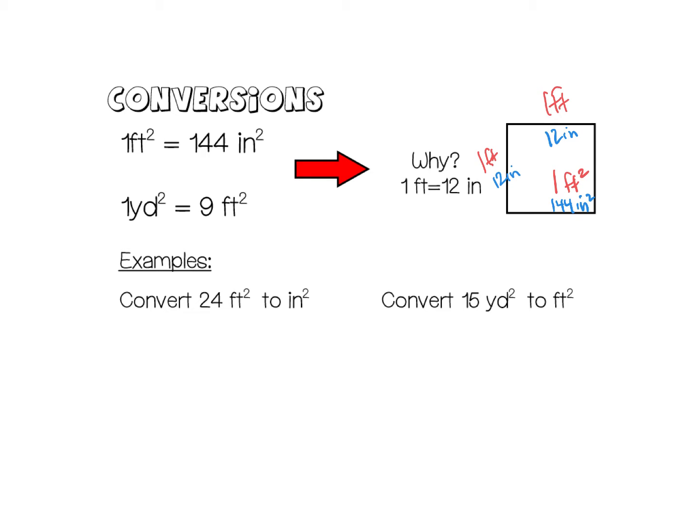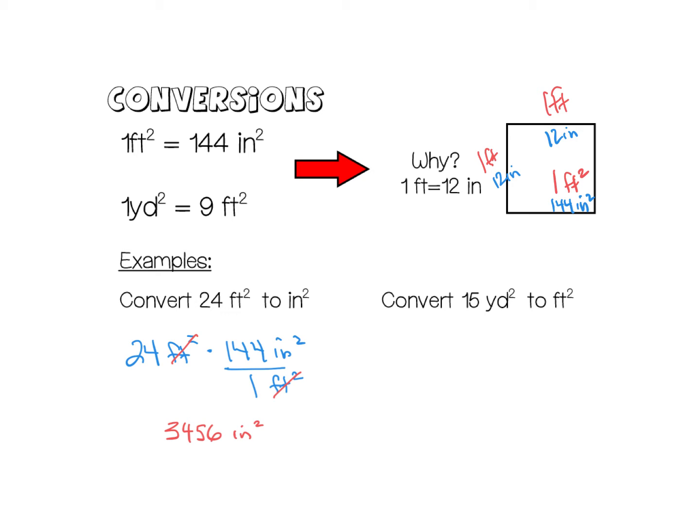I have to multiply 24 by 144 square inches because there are 144 square inches in every 1 square foot, if you want to think about it in terms of unit analysis, where the units would cancel out. So we take 24 times 144, and I would have 3,456 square inches.